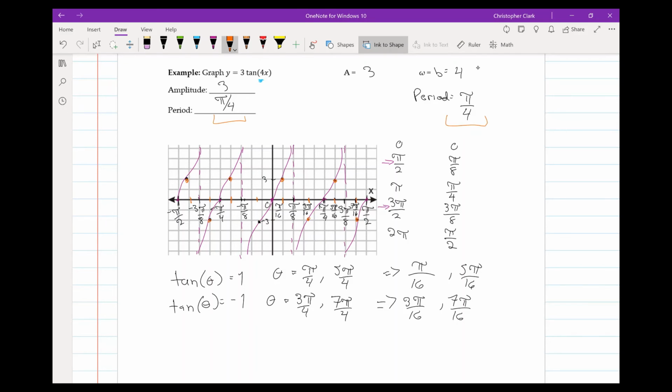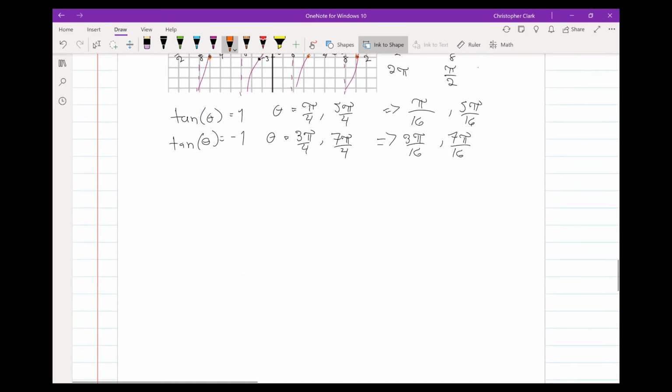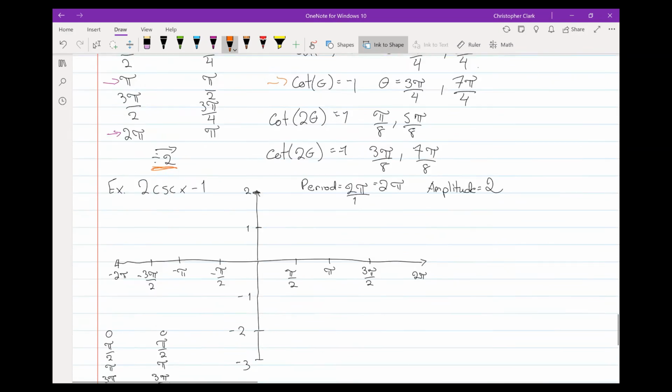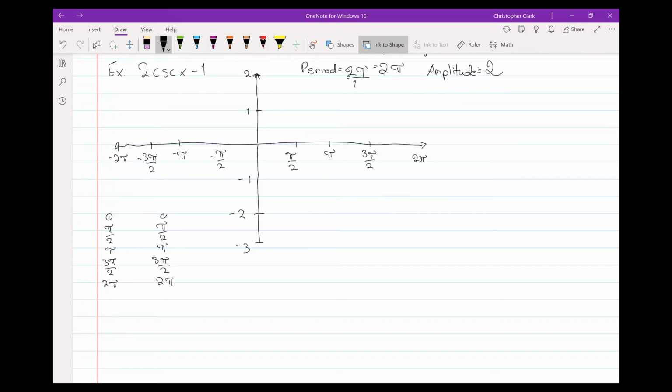All right, we'll do another quick example with cosecant. So here is 2 cosecant of x minus 1. This one I haven't done yet because I want to show what this negative 1 does, that's outside of the argument.